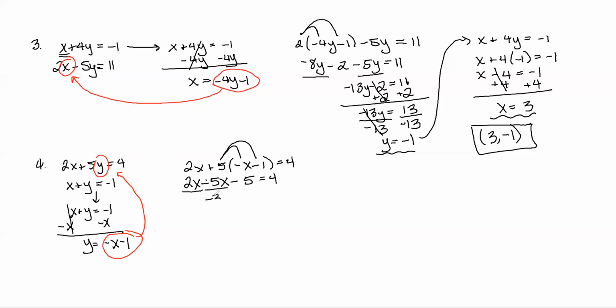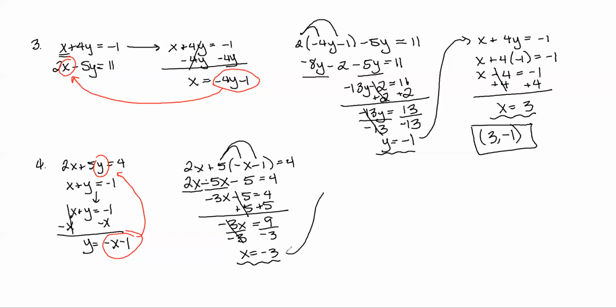Combine, so negative 3x minus 5 equals 4. Add the 5 to both sides, so negative 3x equals 9. Divide both sides by negative 3, so we get x equals negative 3.